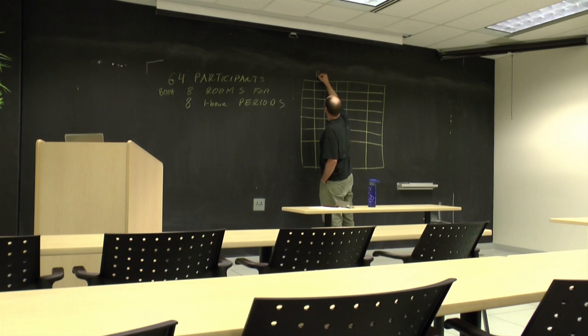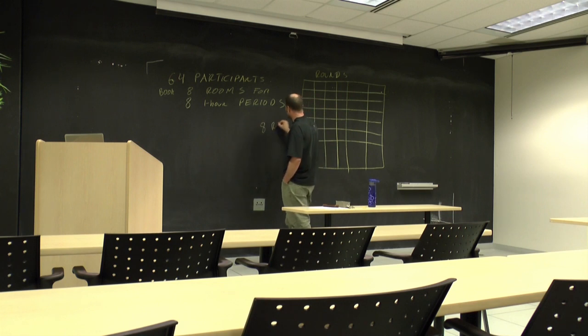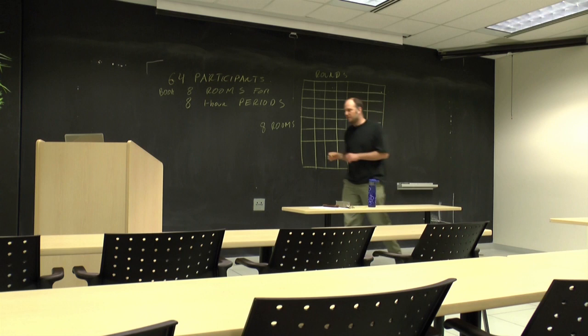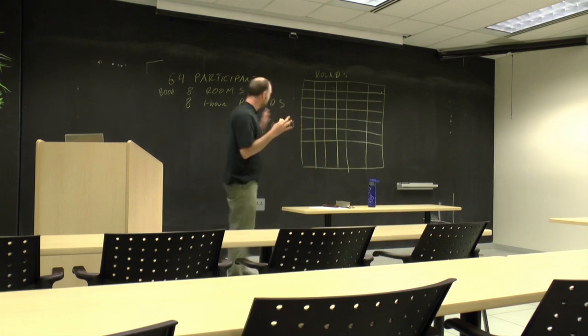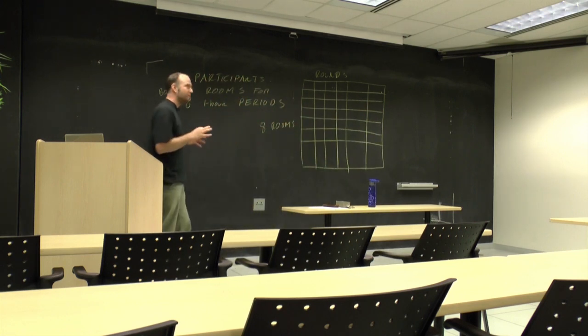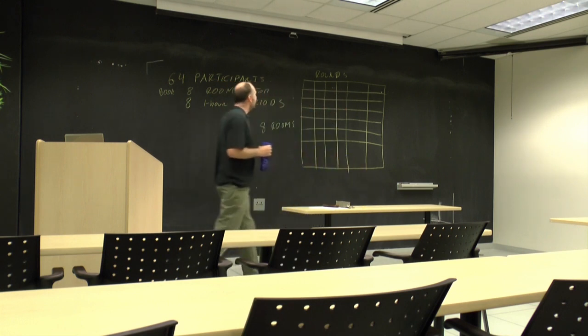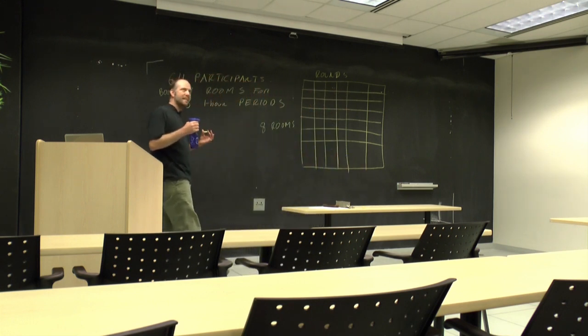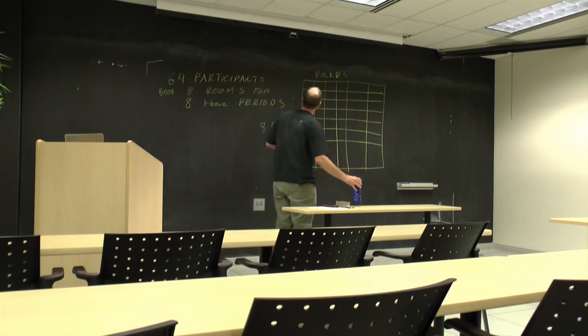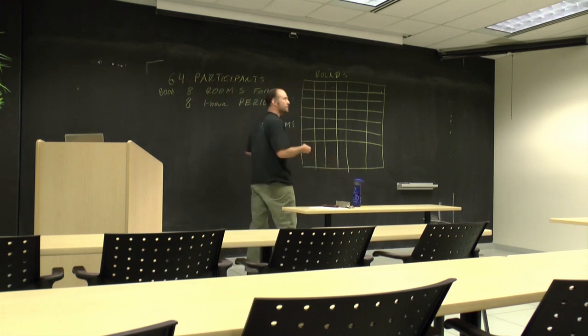And these are the rounds. There's 8 rounds, and I have 8 rooms. Now in each room there's some video game console with apparently 8 controllers. I don't know how you do that, but it probably can be done with Wi-Fi. Basically we would take the name of each participant and write them into a square.